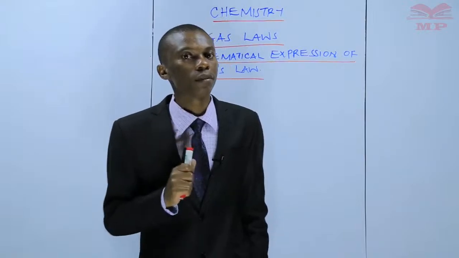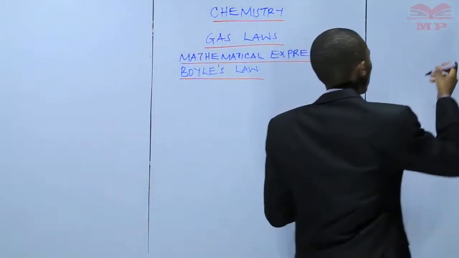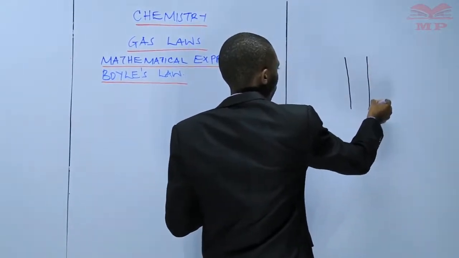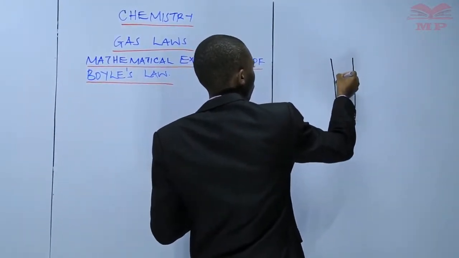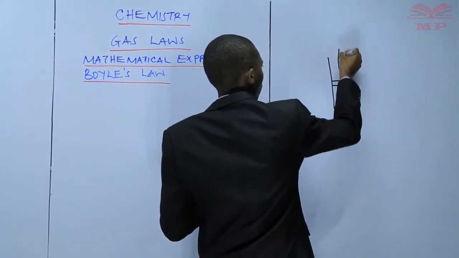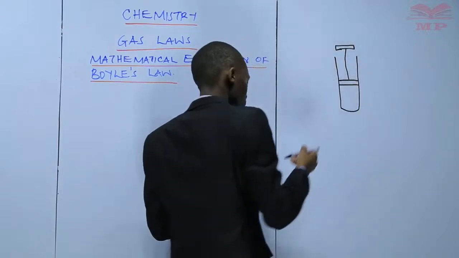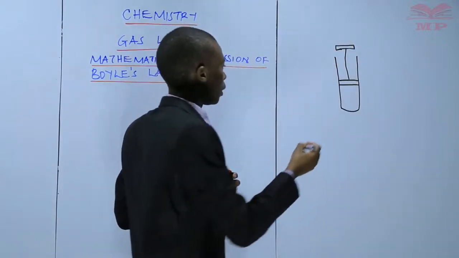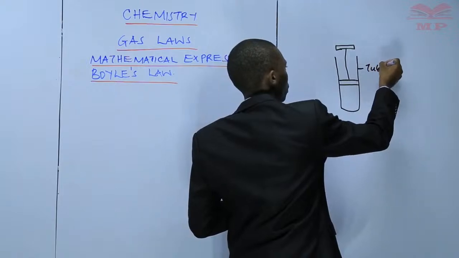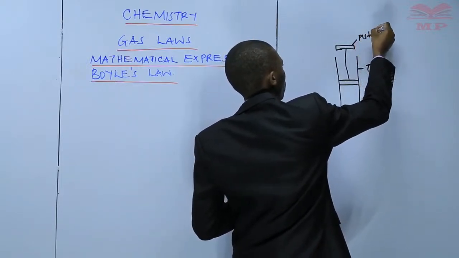The example we gave was using a piston, or using this illustration. This is just a tube, and this is the piston.